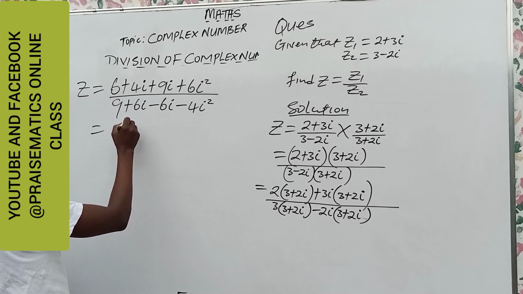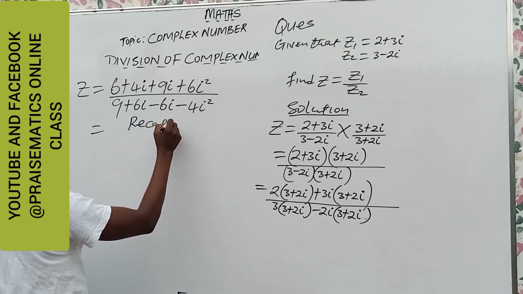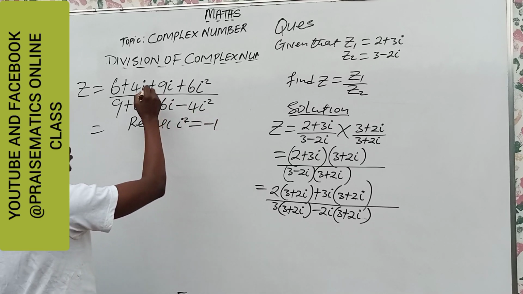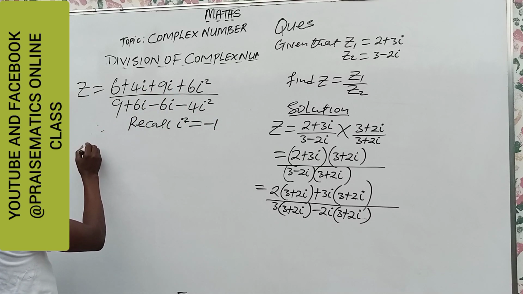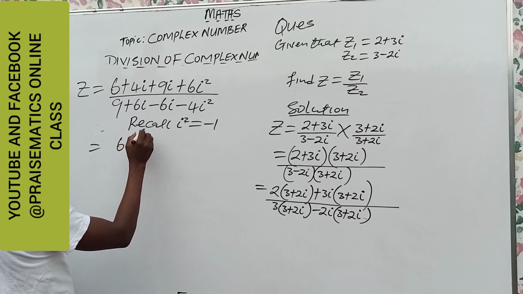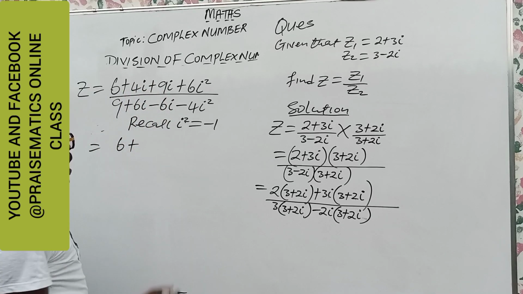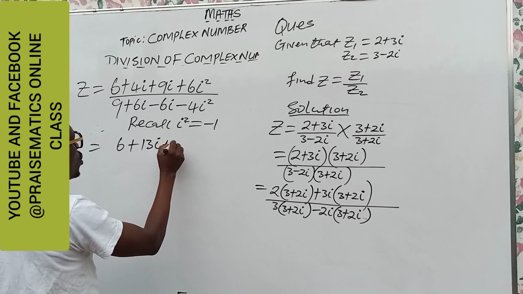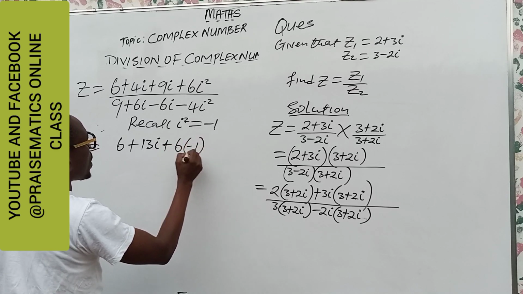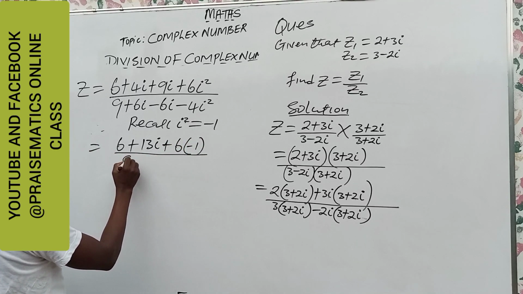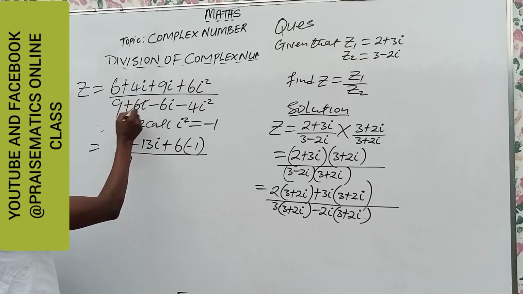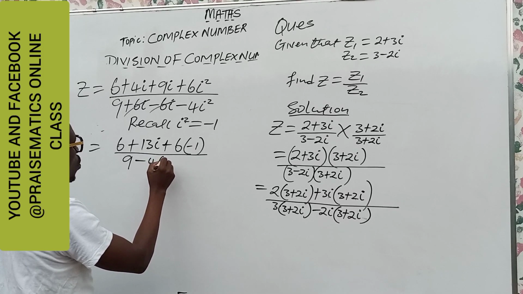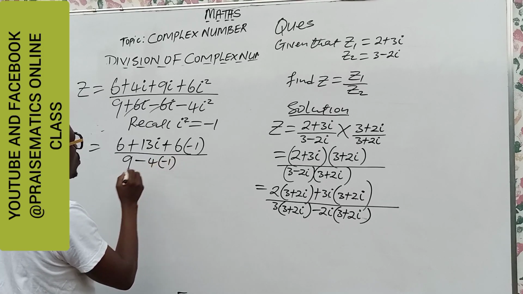Now finally, what do we do? Collect like terms. Always recall that i square is equal to minus 1. Substitute in the numerator. What do we have? We have 6 plus 4i plus 9i will give us 13i, plus 6 into minus 1, close it, all over 9 plus 6i will cancel minus 6i, into 4, minus 4 into minus 1, close it.